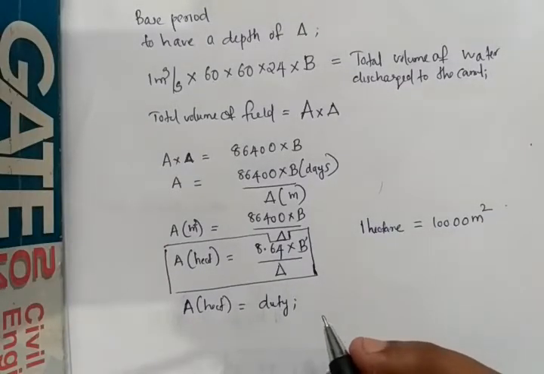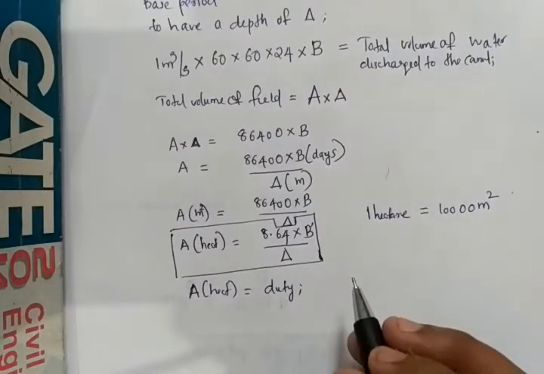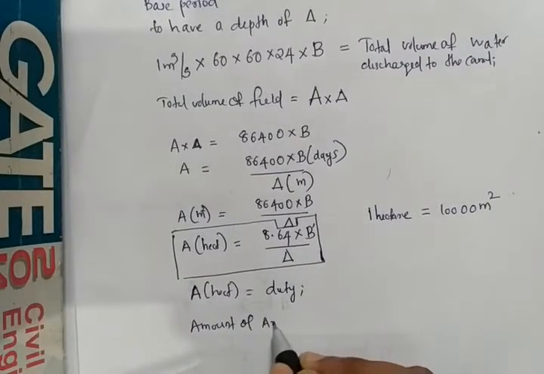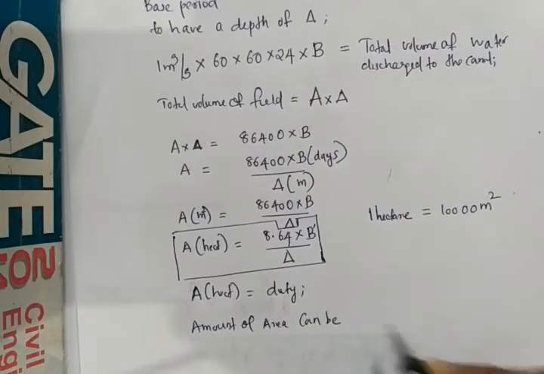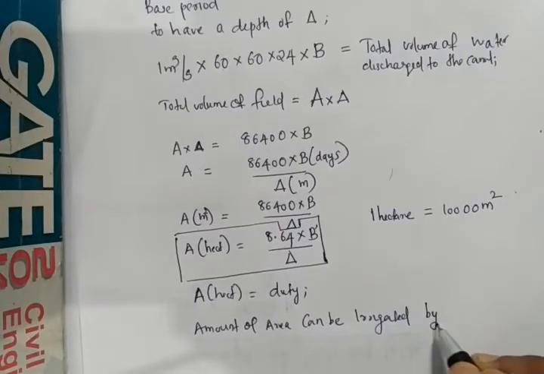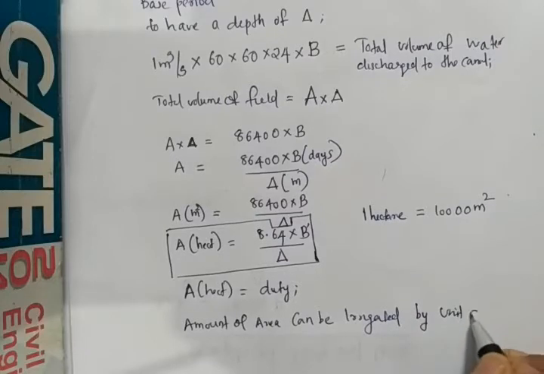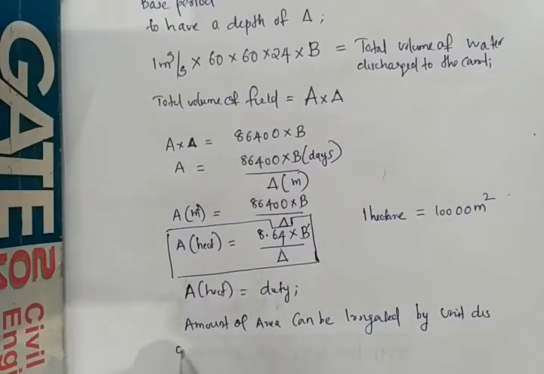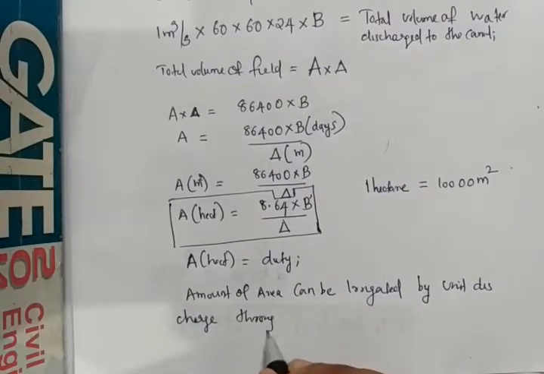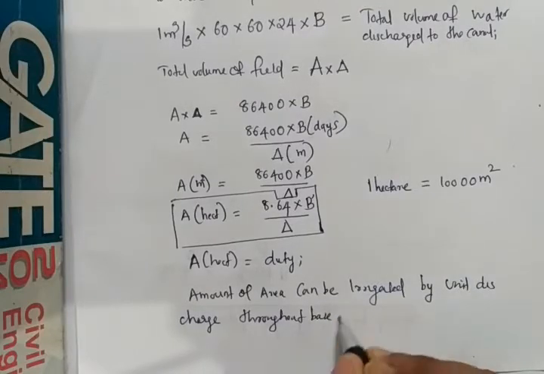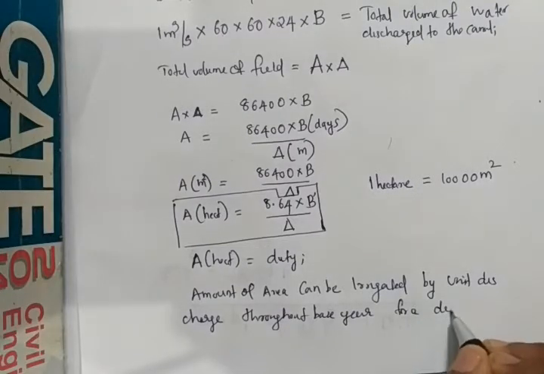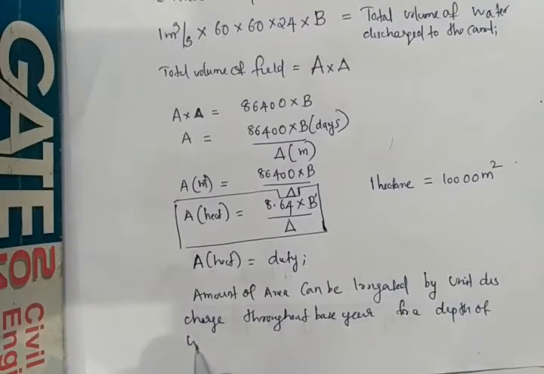Duty is the amount of area that can be irrigated by unit discharge throughout the base period for a depth of water as delta.